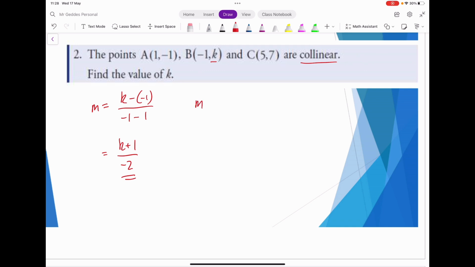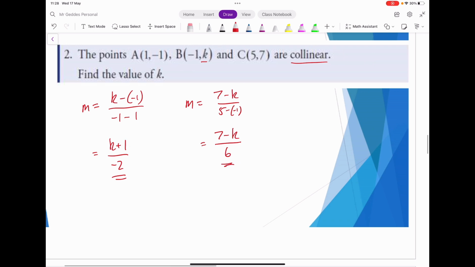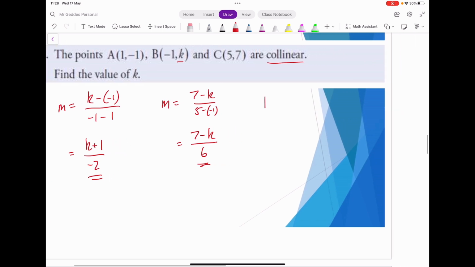The second gradient is going to be y2 minus y1 over x2 minus x1, which is going to give us 7 minus k over 6. We're going to go and set those equal to each other. k plus 1 over negative 2 equals 7 minus k over 6. A bit of cross multiplying, like from the sine rule back in National 5. k plus 1 equals negative 2 brackets 7 minus k.